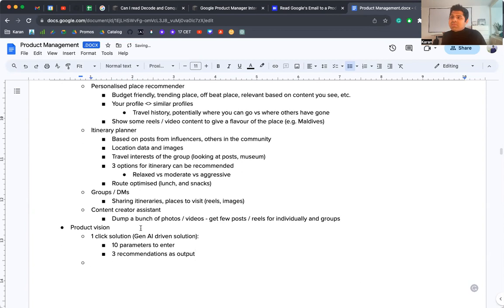But then at the same time, there could be another multiple step solution, which is, first of all, find a place. We have spoken about it, using the personalized place recommender, and then align with your group through this, and also share details if required.